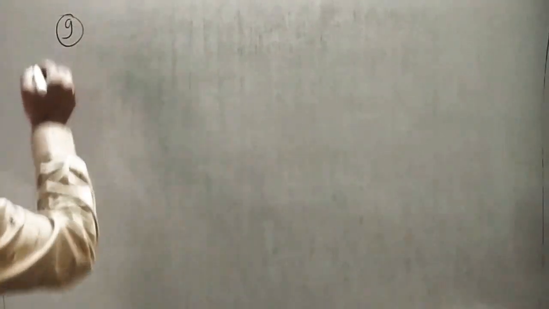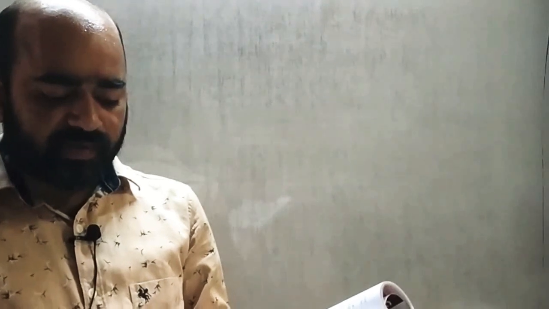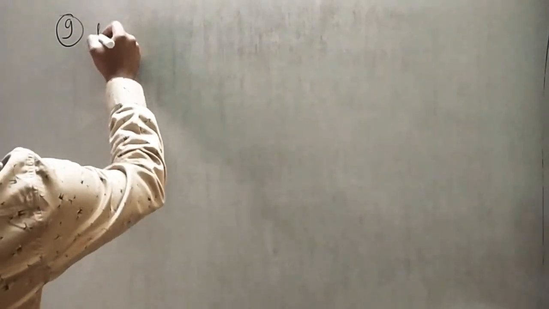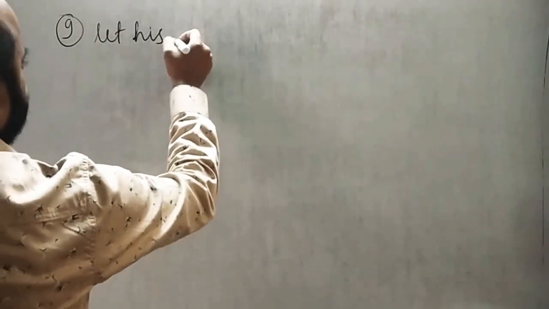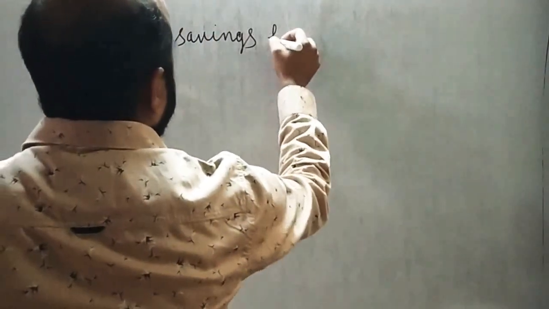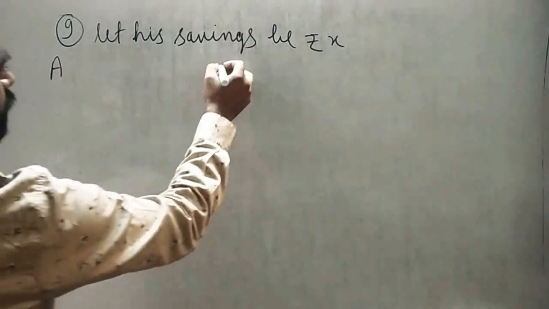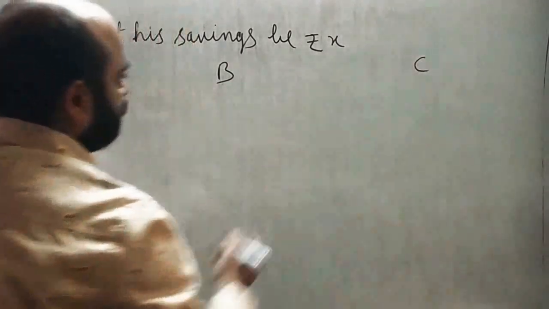A person invested 20%, 30% and 25% of his savings in buying shares at par values of 3 different companies A, B, C. Find his savings. Let his savings be rupees X. So for first company A, for company B, for company C.